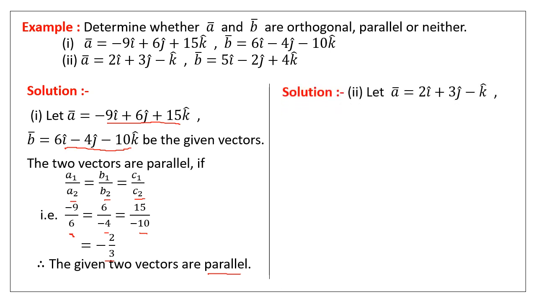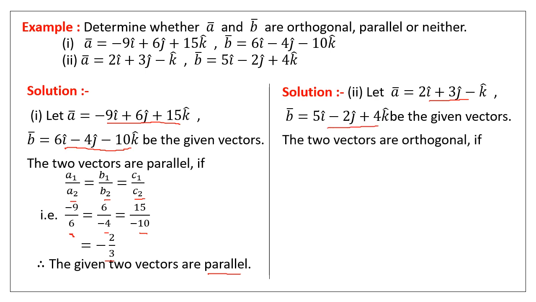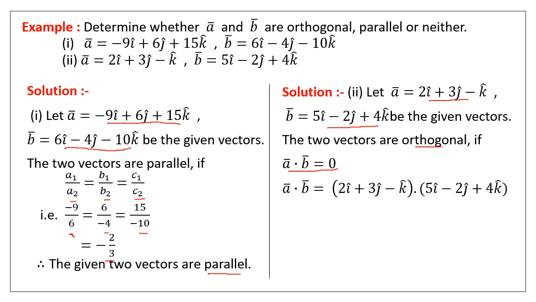Solution of the second. Let a bar equals 2 i cap plus 3 j cap minus k cap and b bar equals 5 i cap minus 2 j cap plus 4 k cap be the given vectors. These two vectors are orthogonal, said to be perpendicular, if their dot product equals 0. So first of all we will find their dot product a bar dot b bar.